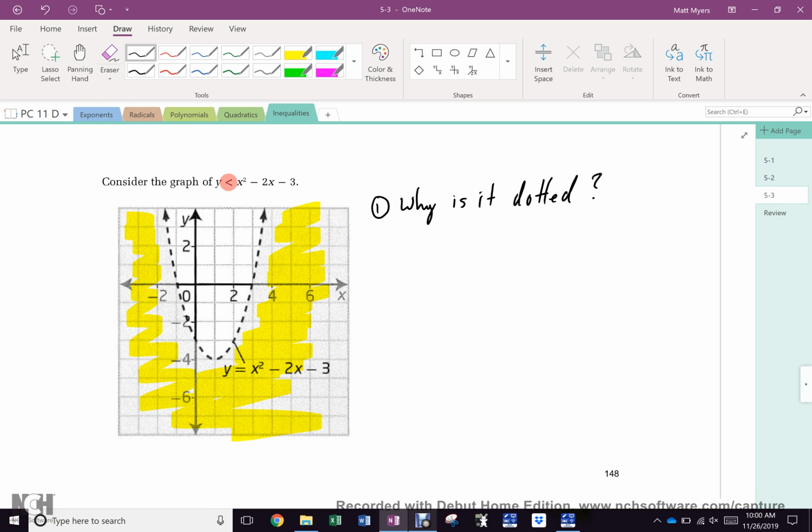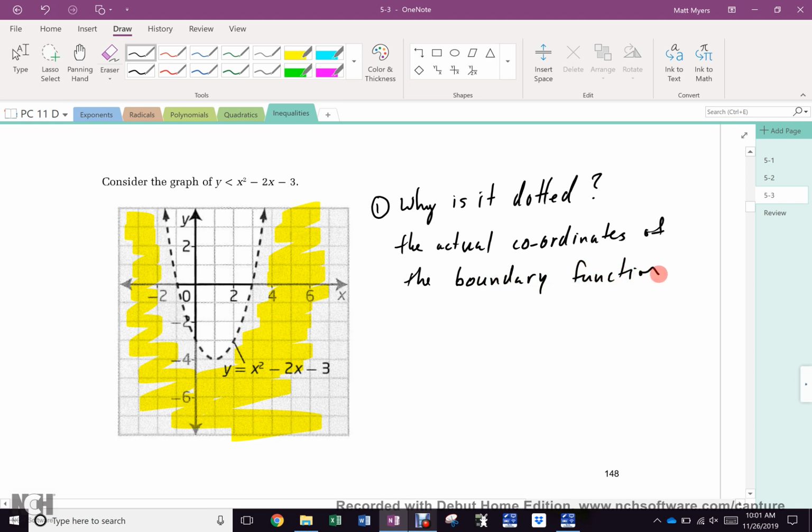What is the concept behind that, though? Right. The actual coordinates of the boundary function do not satisfy the inequality.